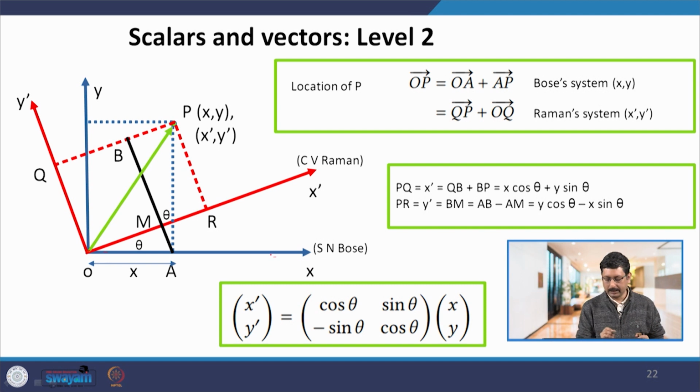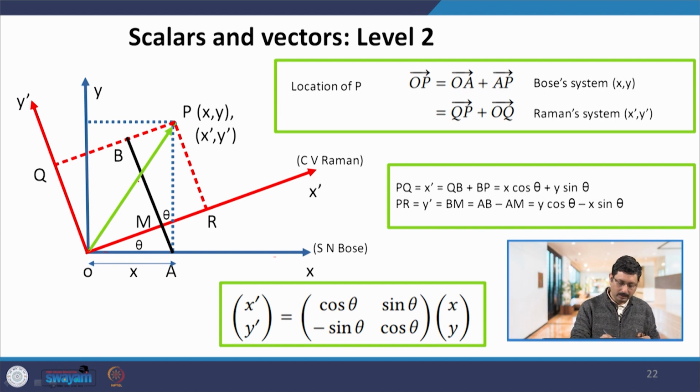So, this is the x axis of the blue coordinate system, this is the y axis of the blue coordinate system, and then he can go from O to A along the x axis and then from A to P, which is parallel to the y axis, then he will reach the point P. So, in his coordinate system he will write down that the location of point P from point O can be described by a vector, by an arrow.